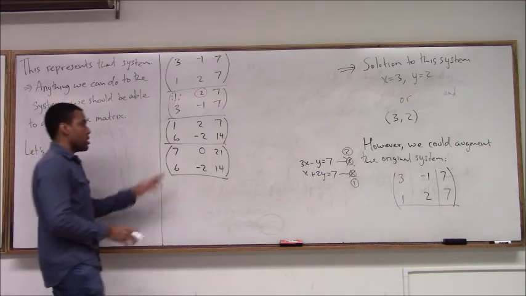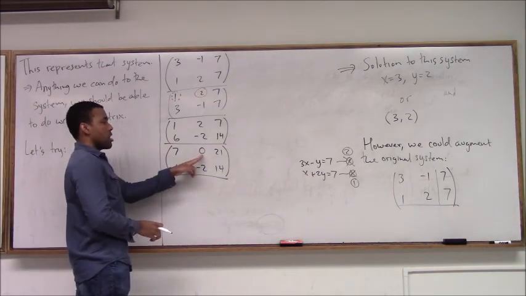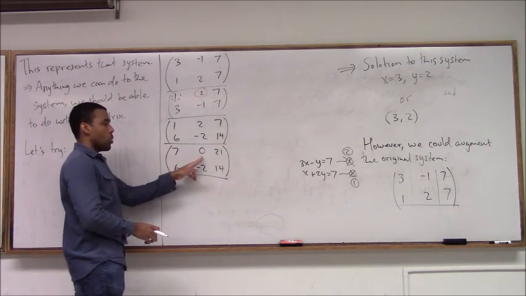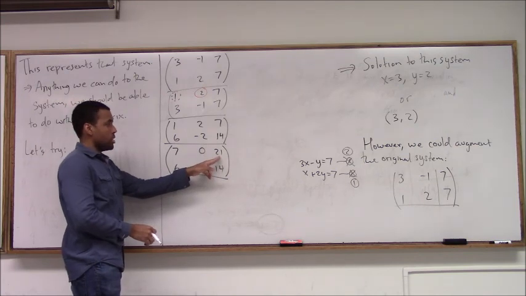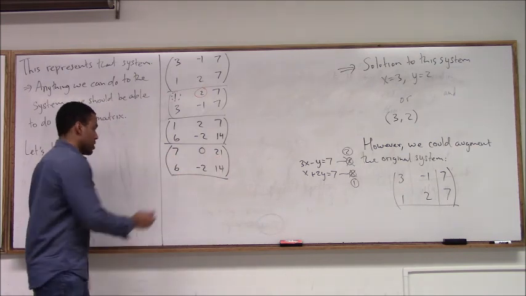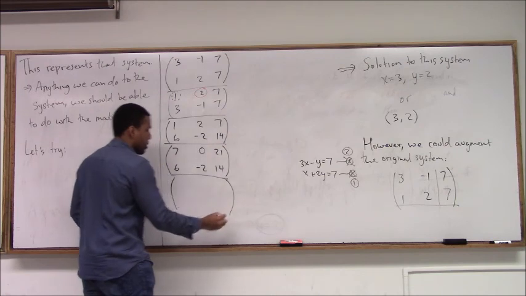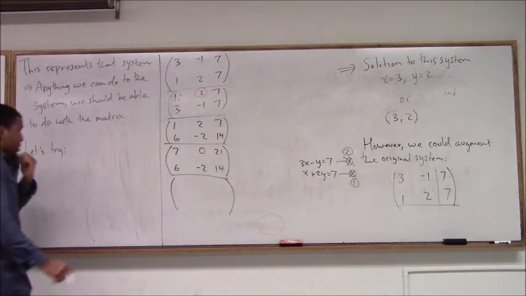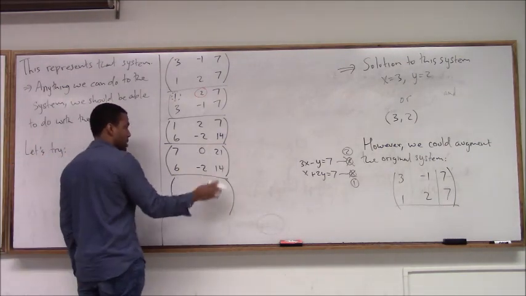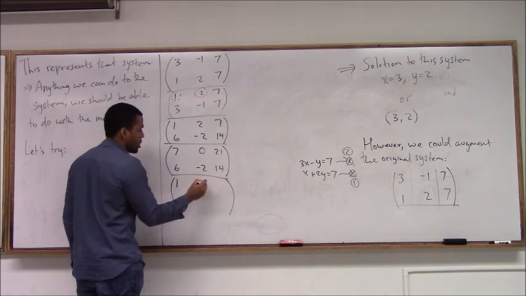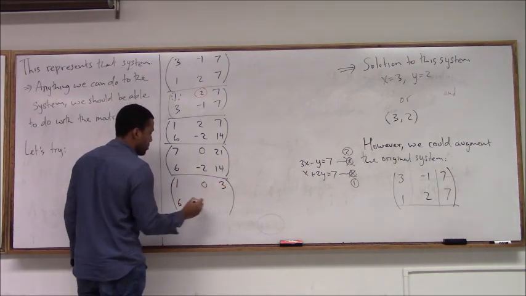Now clearly there are 7 x's, there are no y's, and the answer is 21. Because I want to solve for the x, I can divide that first row by 7: divide this by 7, that by 7, that by 7. I would end up with 1, 0, and 3.